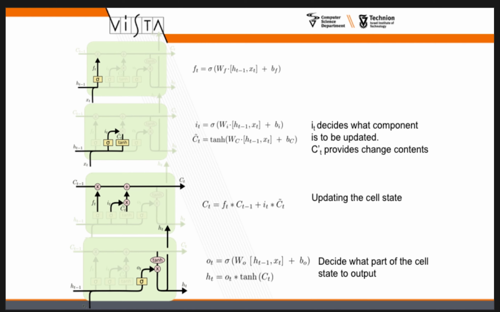The weights could be trained so that the part will be negligible, around 0, or it will be all the information from the previous state. Each LSTM contains 8 matrix multiplications, so it's very heavy.